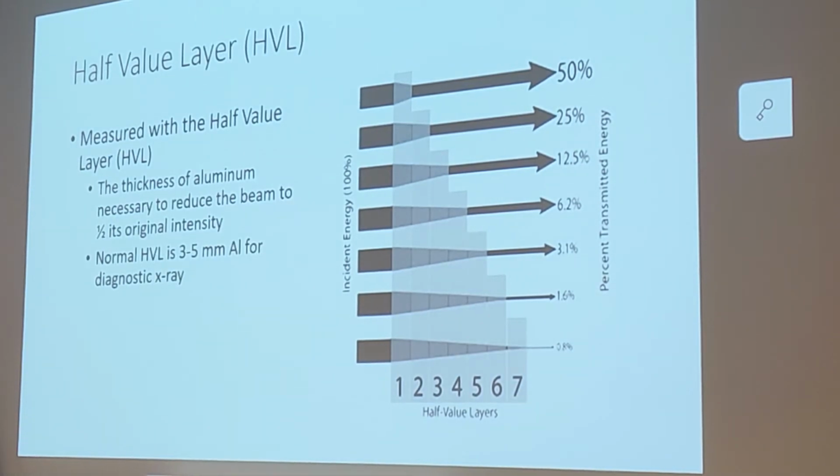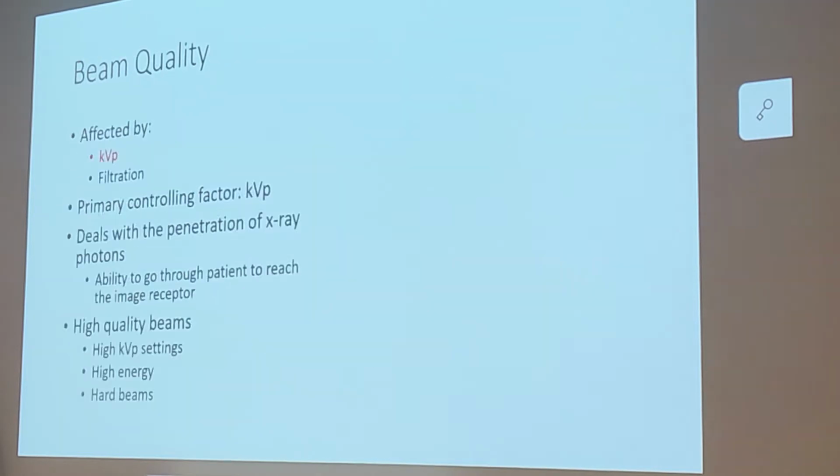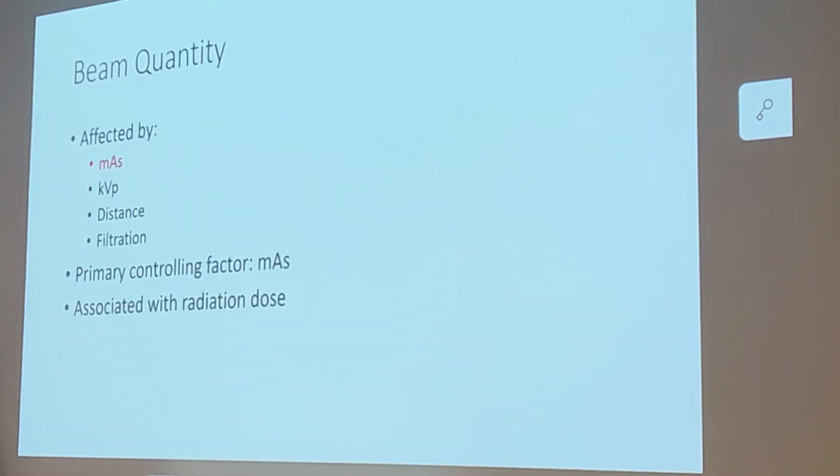Any other questions? So beam quantity isn't mass. It's just the number of it. Correct. Beam quantity is just the number of X-ray photons.